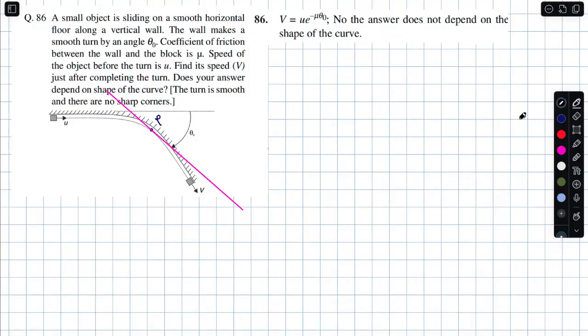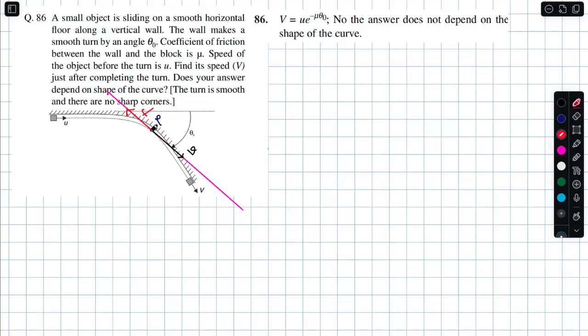What is the significance of this tangent? This is the instantaneous velocity vector. Friction is exactly opposite to this.